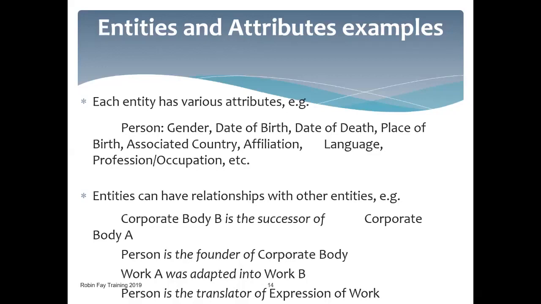So this is the relationship of that person to another name. So we could have the relationship of Sprite to Coca-Cola, those kind of relationships. And then, of course, you have a relationship of a person to the work, things like that.